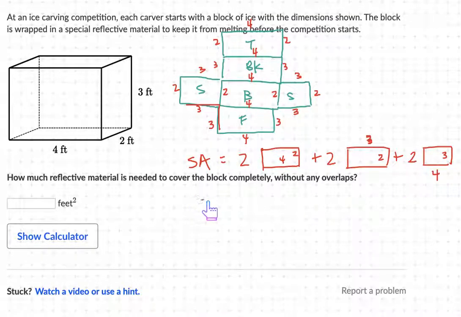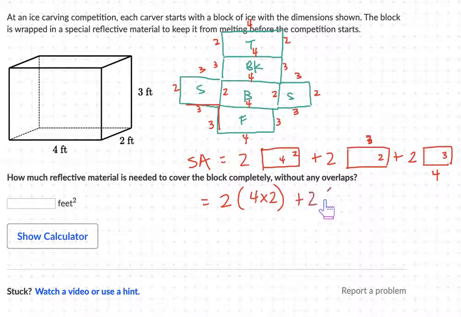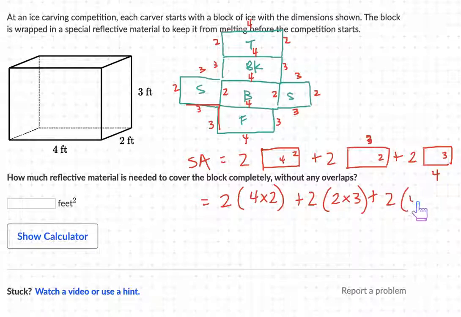Okay, so when we're figuring out this stuff, we're going to do 2 times the length by the width, so that's 4 times 2, plus 2, the pair of the 2 times 3, plus 2 of the pair of 4 times 3. So these are all going to be doubled. That's why at the end I multiply by 2.